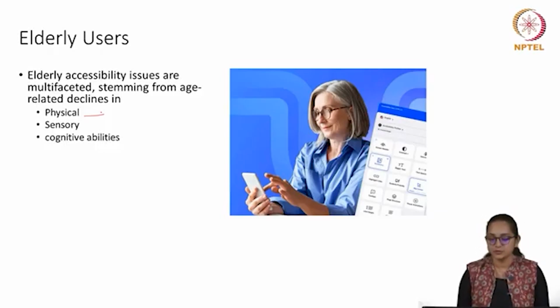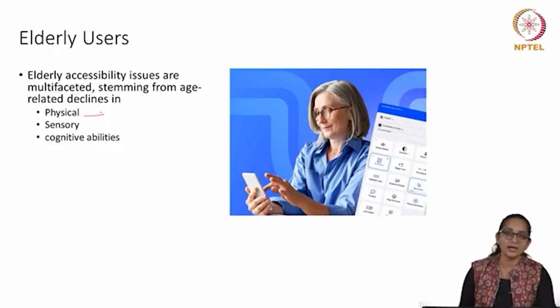So, we will have a deeper discussion in today's session about all of these difficulties and how in our accessibility attempt we can try to be inclusive for these special users.